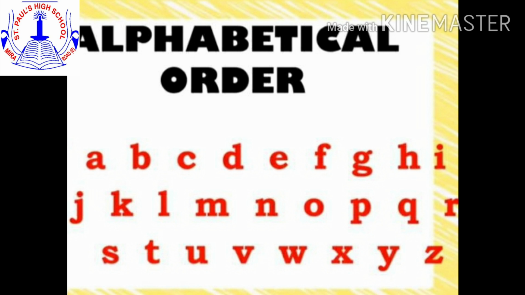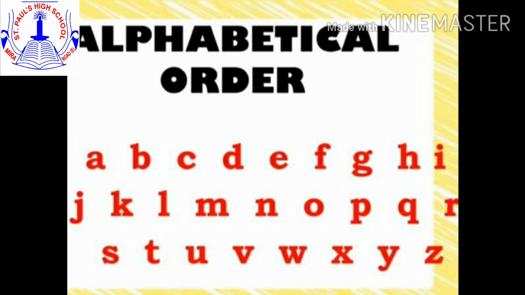Alphabetical order is the sequence in which all 26 letters of English alphabets are arranged, and this order is A, B, C, D, E, F, G, H, I, J, K, L, M, N, O, P, Q, R, S, T, U, V, W, X, Y, Z. Children, this is the order of the English alphabet.